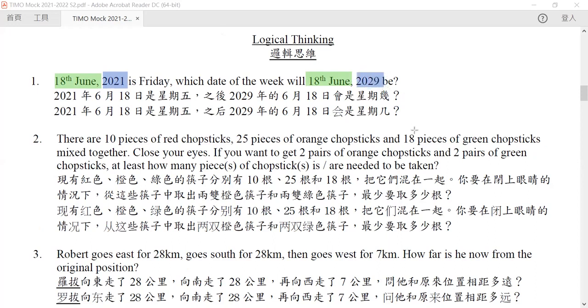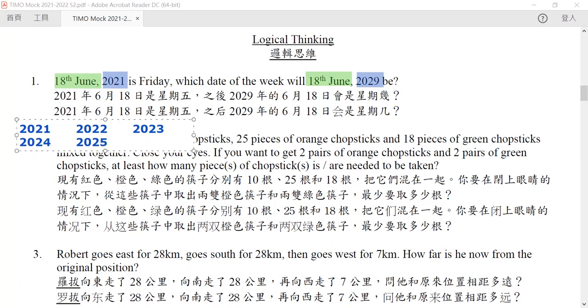We can count it by hand. Here we go from 2021 to 2022, and then 2023, 24, 25, 26, 27, 28, and finally 29.